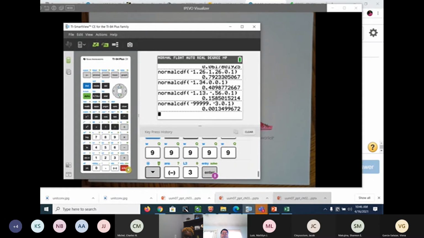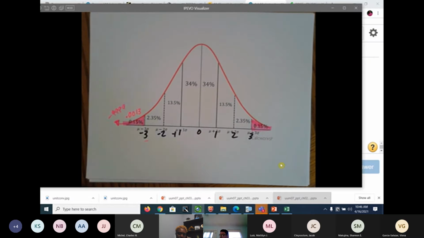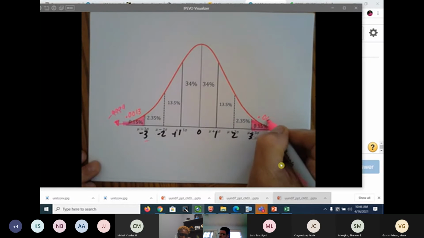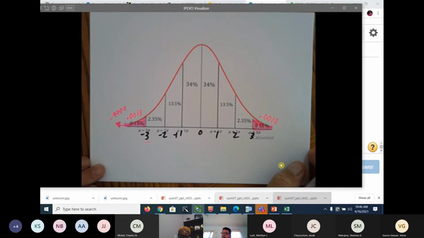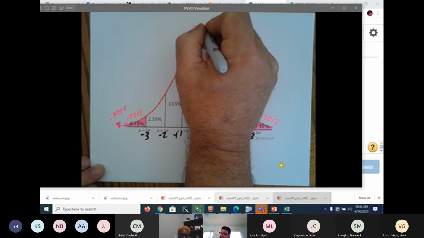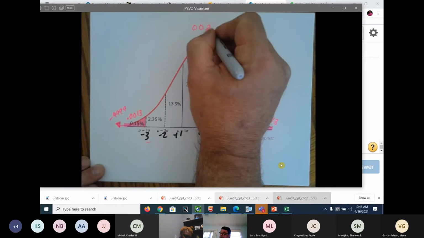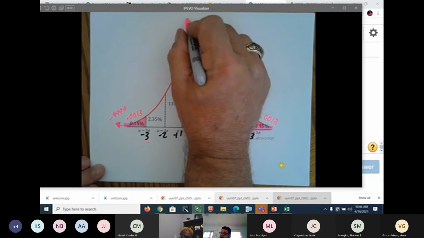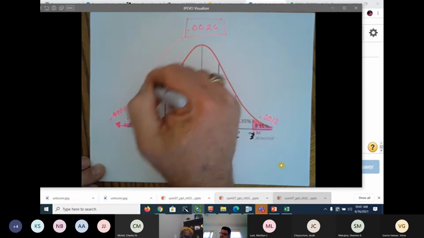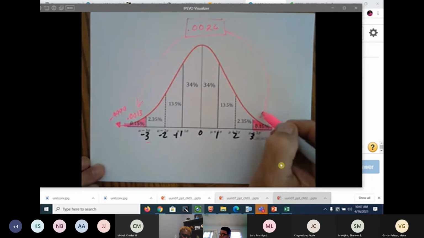And that is 0.0013. And this over here is 0.0013, since they are symmetrical. And 0.0013 plus 0.0013 is 0.0026. And that is the combined area to the left and to the right.